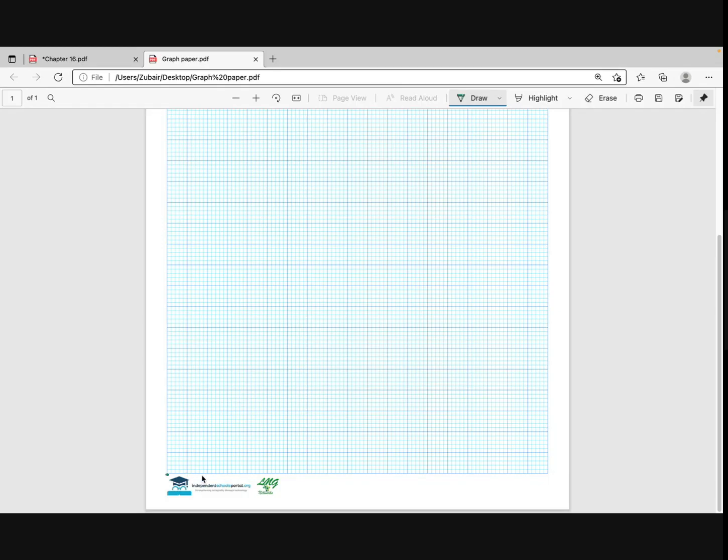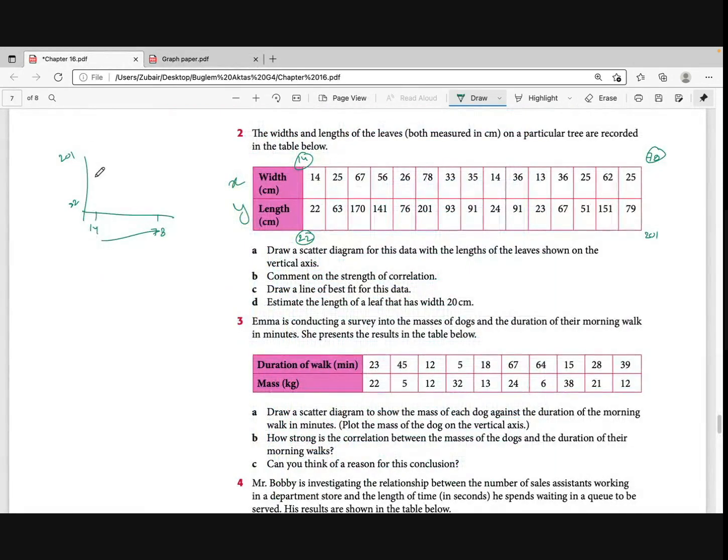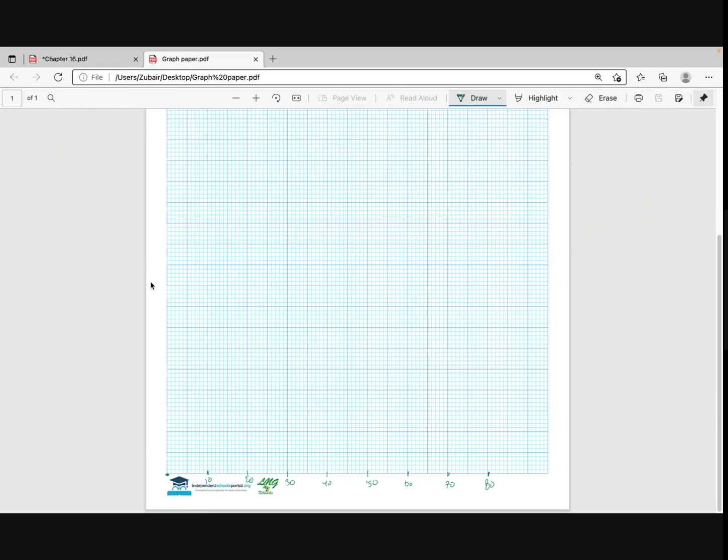So this is my 0, this is 10, 20, 30, 40, 50, 60, 70, 80. And on the y-axis we go till 200.